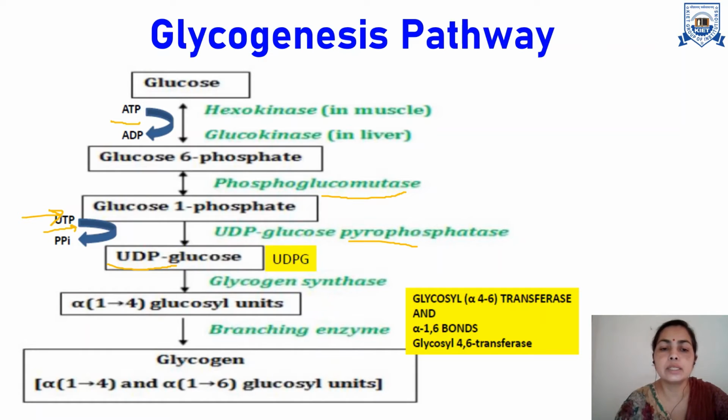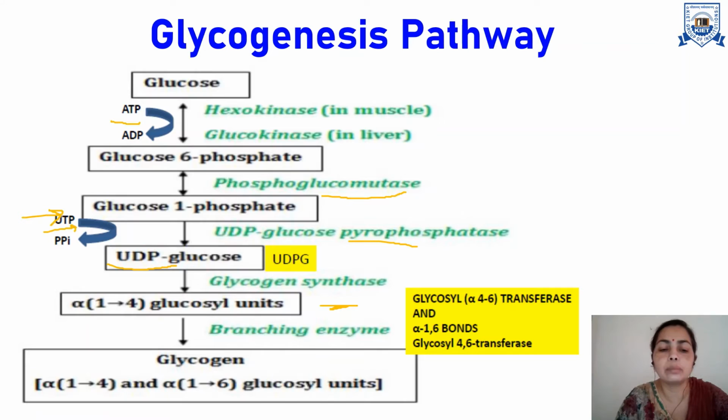Then the second step: a primer is required so that glycogenesis could be initiated. From this step onwards, glycogenesis will be initiated. In this step, a small fragment of already available glycogen is used, and it acts as a primer and initiates glycogenesis, or glycogen synthesis.